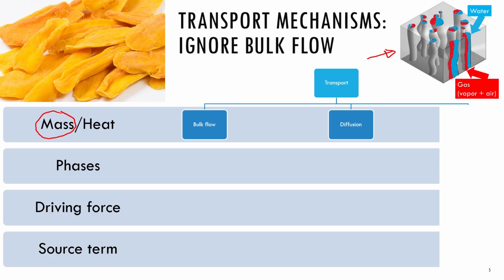And the mass transfer can be in two modes. Either things can be flowing or it can be diffusing. There is also heat transport, but this we will come back to. The three phases we are interested in are water, vapor, and air. Whether we like it or not, there's going to be some air in there.